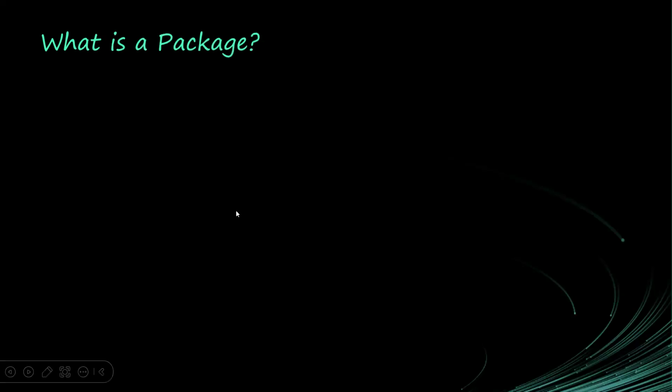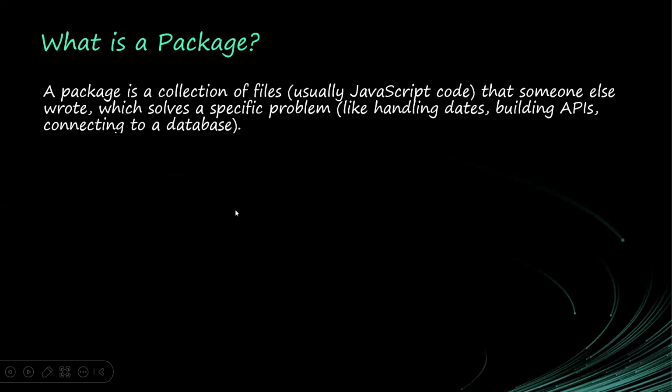So what is a package? A package is a collection of files that someone else wrote, which solves a specific problem. You can even write your own package. You can create a package that handles dates, building APIs, or connecting to a database. You can create a package that provides AI functionality in Node.js.